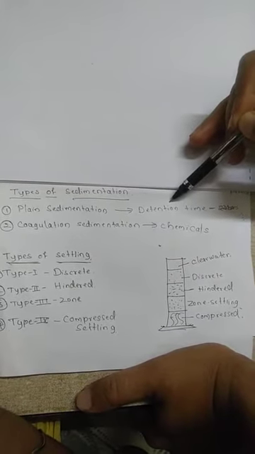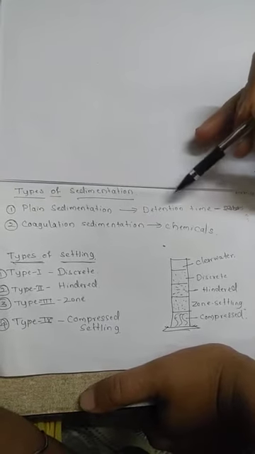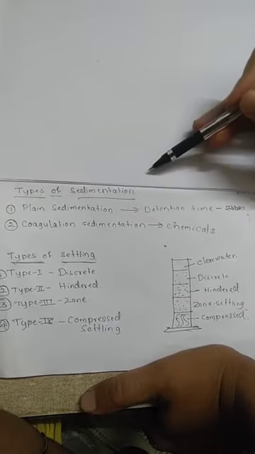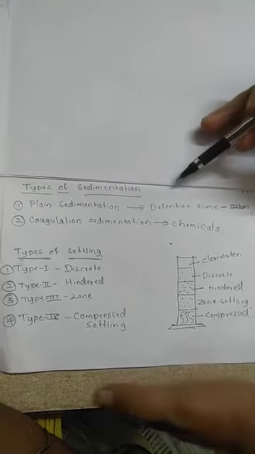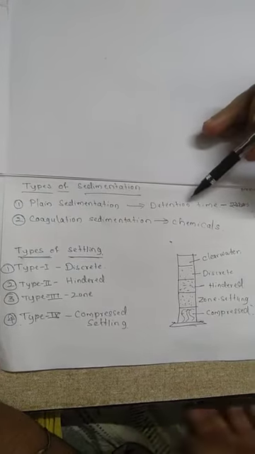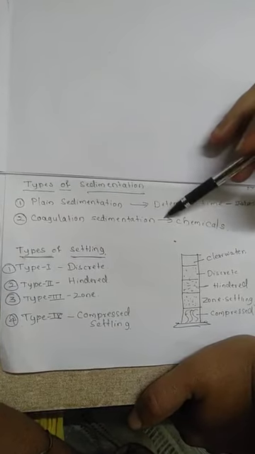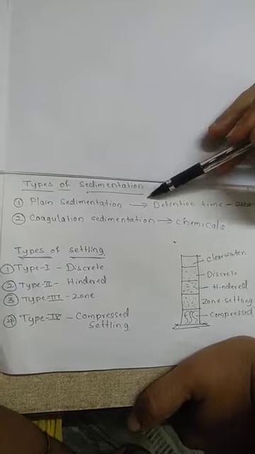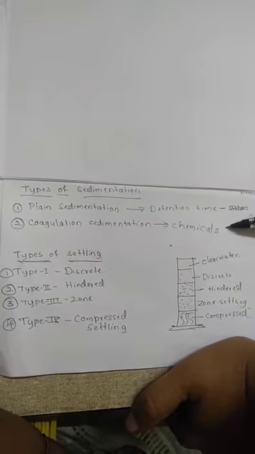After the detention time, the particles settle by their own weight, and at the top we get the supernatant liquor, clear water. That is called plain sedimentation, or we can also say sedimentation without adding coagulants.